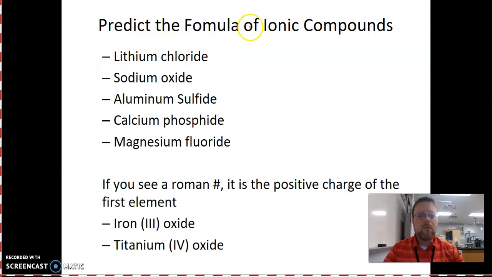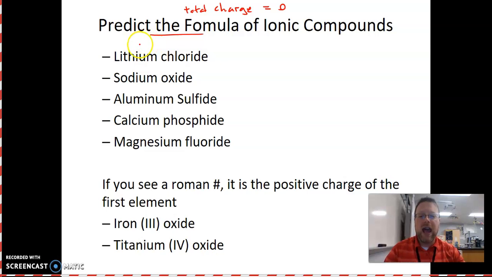Okay, so if you're going to predict the formula for ionic compounds, the biggest idea here is that the total charge of all of the atoms added together has to equal 0. Okay, so the total charge has to equal 0.